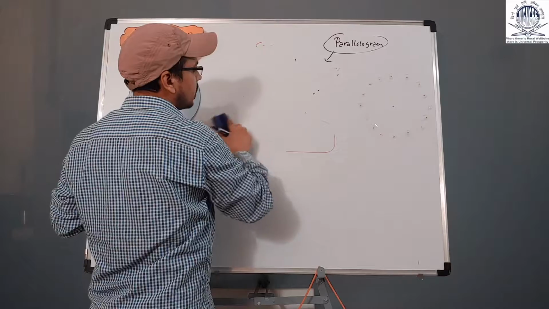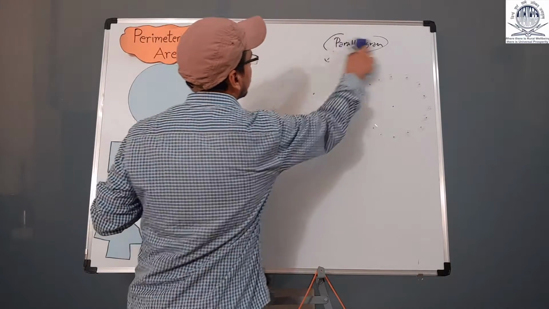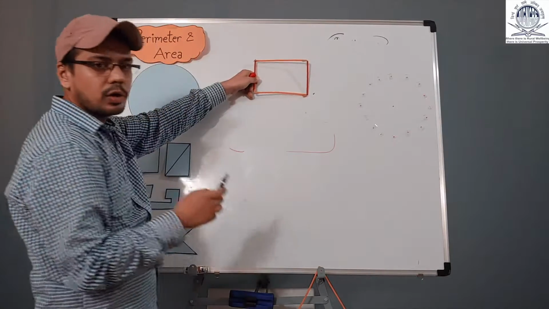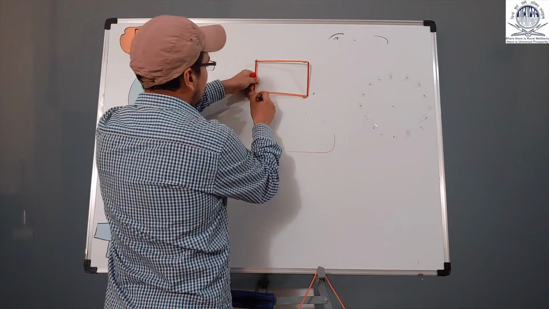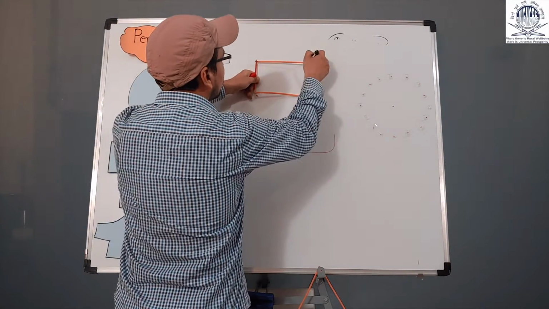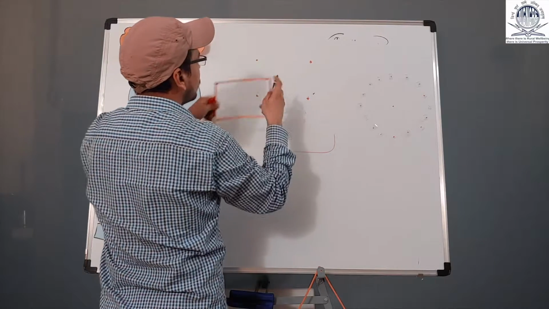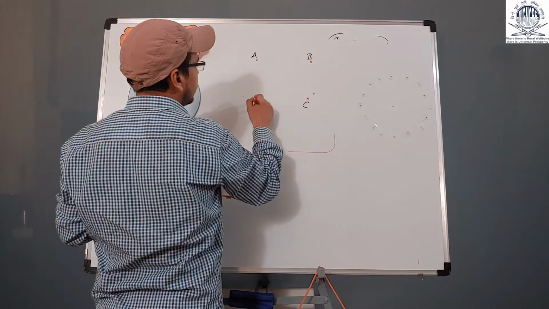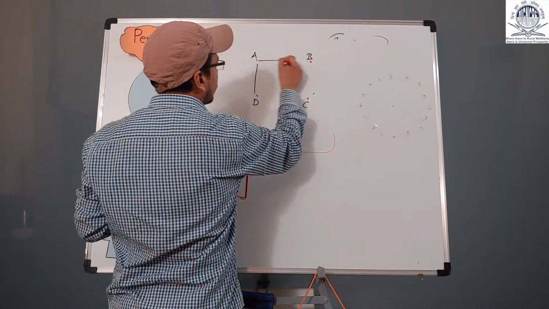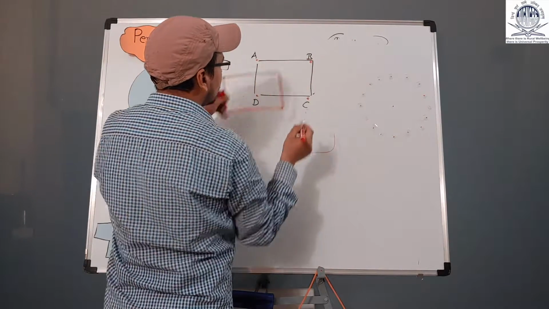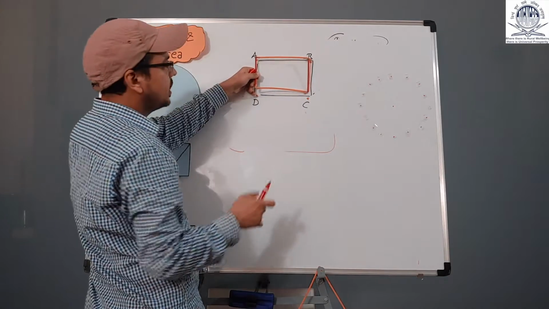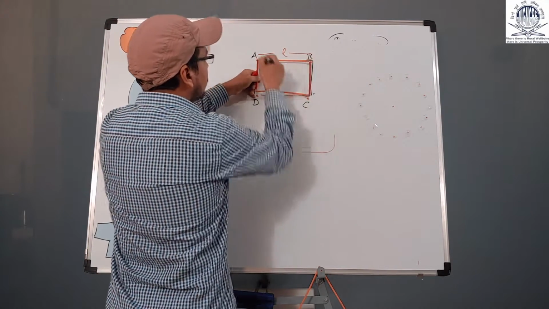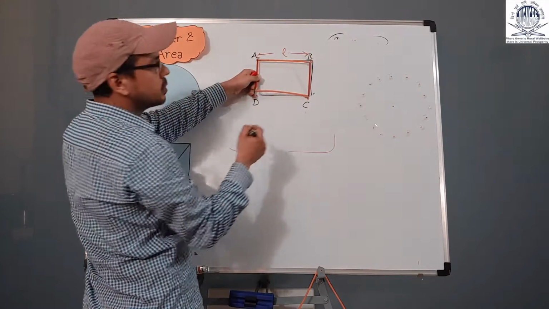Let me see it this way: this is a rectangle, and again I'll put some points, 1, 2, 3 and 4, and name them A, B, C and D. Now when I try to measure them, I see one of them is of bigger length and the other is of smaller length.